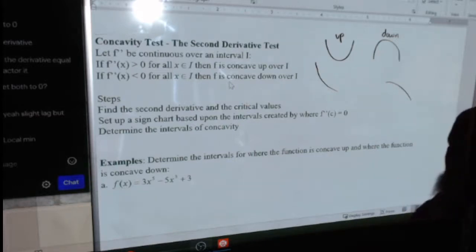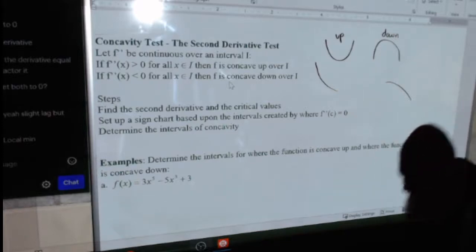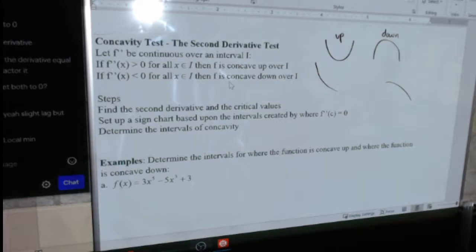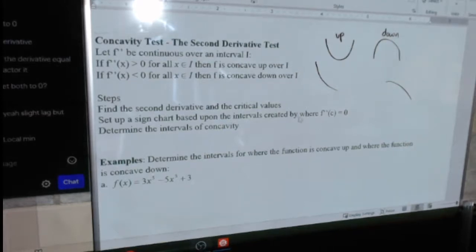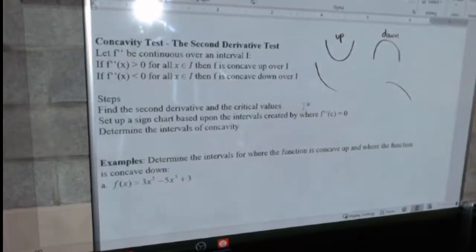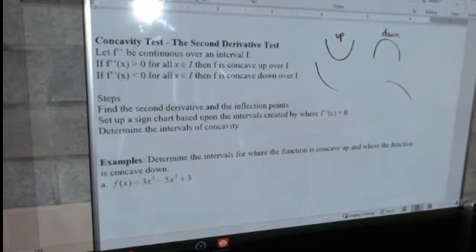So very similar to how we did the, and let me change this wording here real quick. I noticed this says for the second derivative, find the critical values. We want to call these instead inflection points. We are finding them in the same manner.